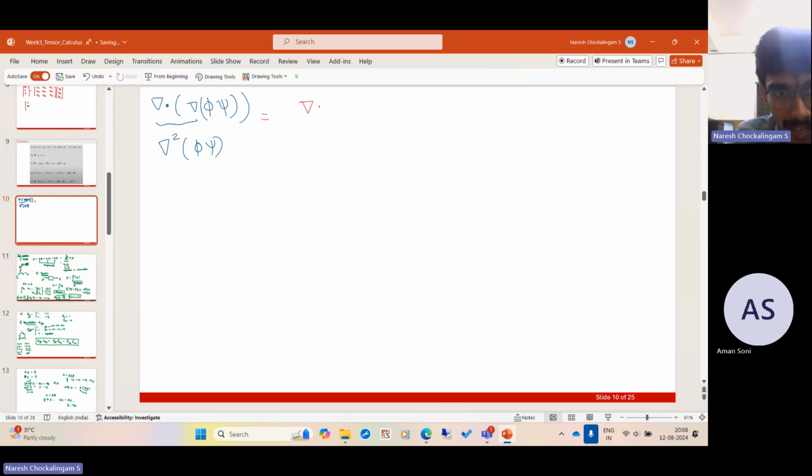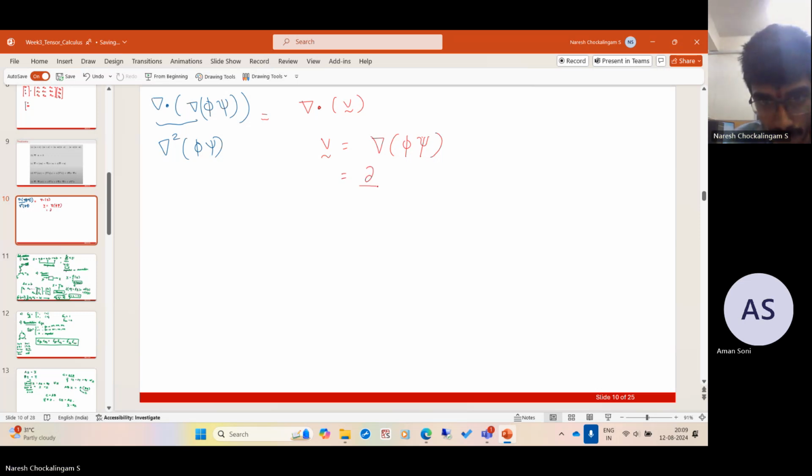Let us write this as the divergence of a certain vector field V, where the vector field V is the grad of the product of two scalar functions phi and psi. What is this? The calculus definition of the gradient we know is the partial of the function with respect to xi multiplied by the basis vector ei. This is the gradient operator.